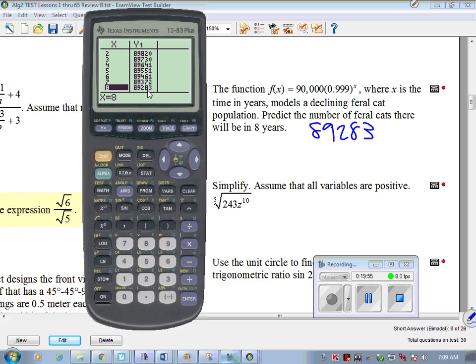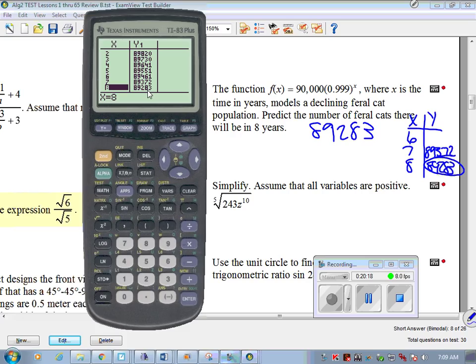So what you probably would show me on here is your x and y. So give me 6, 7, 8, where you're showing me that eighth year, 89,283. Up here we got 89,372.